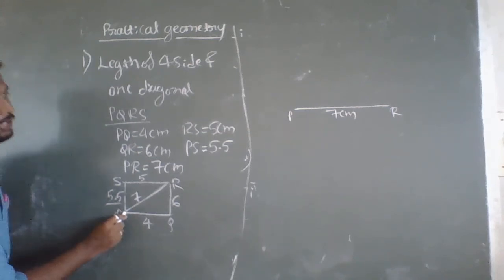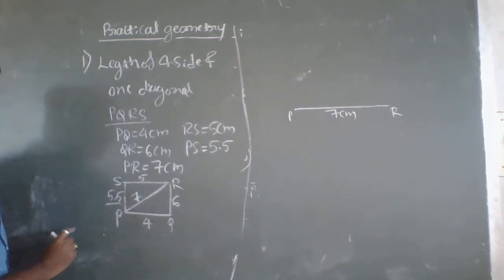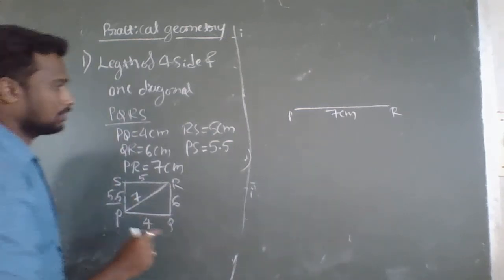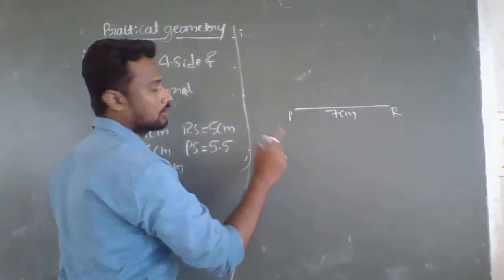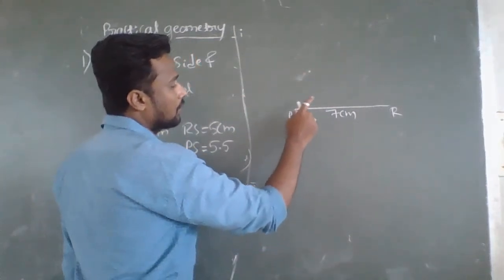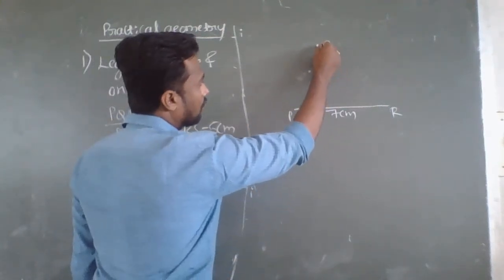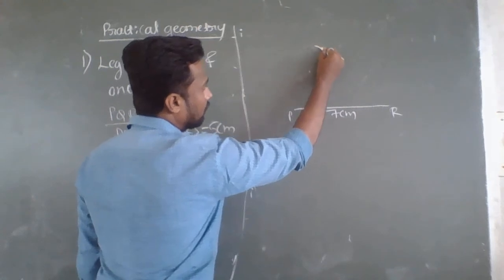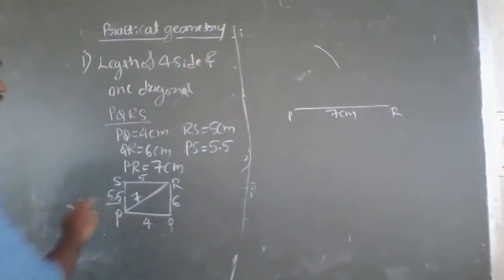From point P, S is at a distance of 5.5 centimeters. So take the measurement of 5.5 centimeters in the compass, place the needle on point P and draw an arc which is 5.5 centimeters from point P.